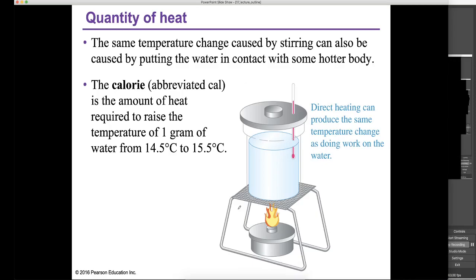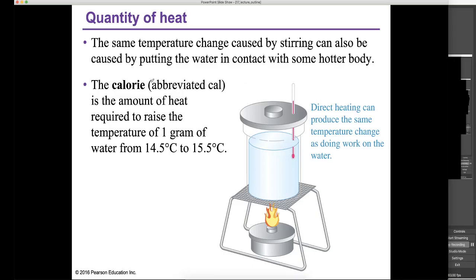Another way to increase the temperature is by putting the water in contact with some hotter body. For example, if you set up a fire and use the high temperature fire to heat the water, the temperature of the water can also be increased.